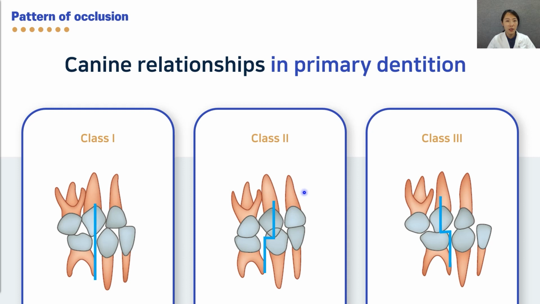In Class 2 relationship, cusp tip of maxillary primary canine is mesial to distal surface of mandibular primary canine. In Class 3 relationship, cusp tip of maxillary primary canine is distal to the distal surface of the mandibular primary canine.